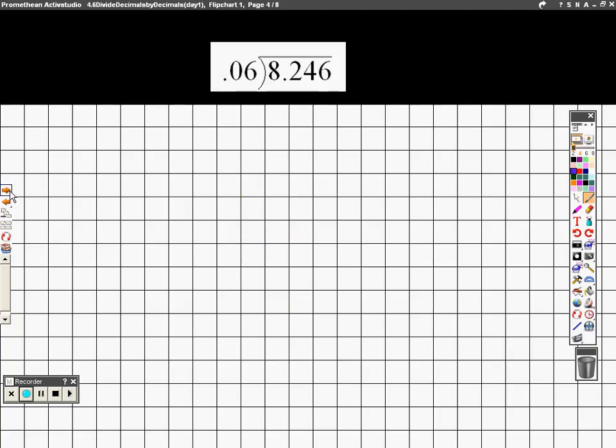Here I have 8 and 246 thousandths divided by 6 hundredths. It's really important to always be as neat as you can when you solve problems like this.